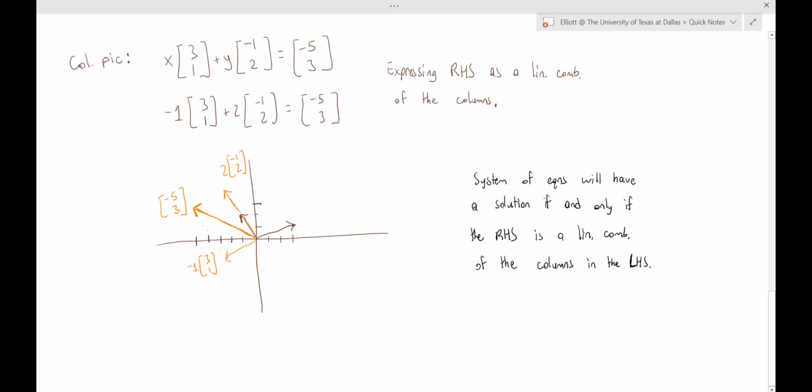And if there were no solution, that would mean that the right-hand side was not a linear combination of these columns. Okay? So that's some insight that you get when you look at the column picture. And as I was saying, I would place a little bit more importance on the column picture than the row picture.